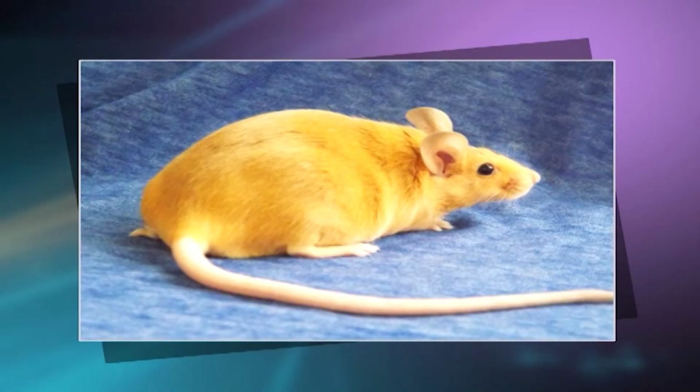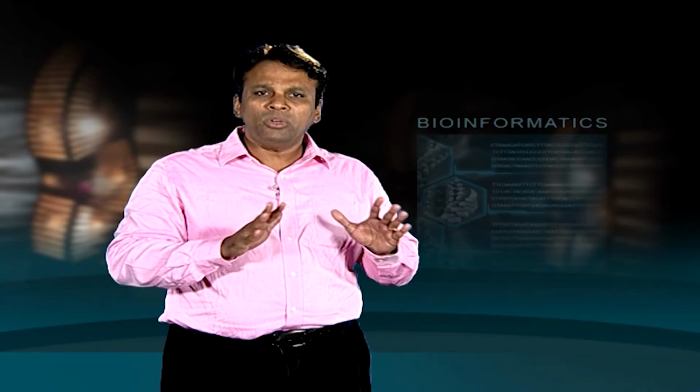Then he determined by this experiment that all the yellow mice were heterozygotes, that is capital Y, small y, and it was dominant over the white coat color phenotypic trait. However, no homozygous yellow mice were obtained.